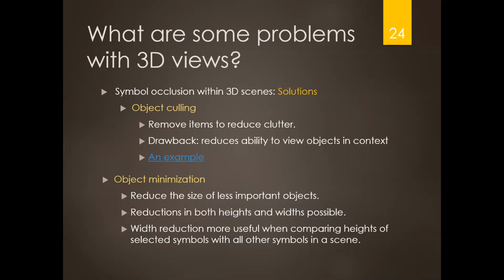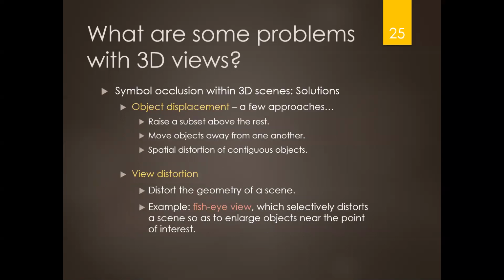In summary, if something is not important, you don't want to see it for now, make it small. And we can also use other methods, for example, object displacement, right? If building B is important, building A is not, just raise building B, or move building A away from building B so it will not block building B, right?